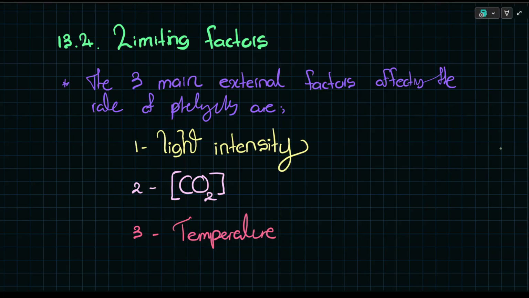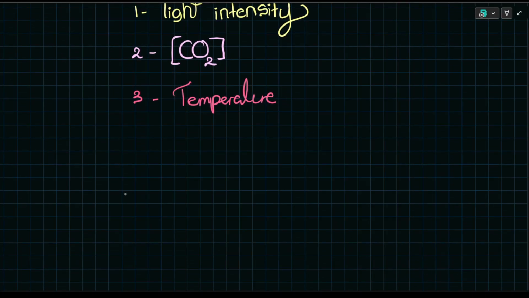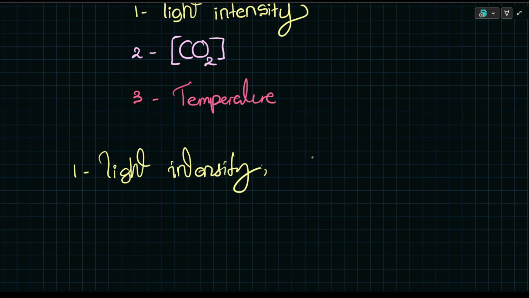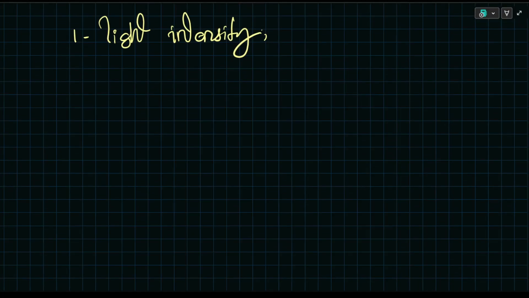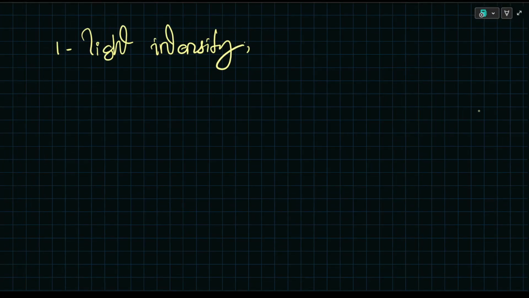We will start off by discussing light intensity. Number one, the first limiting factor being light intensity. Very shortly speaking, I will use two arrows.